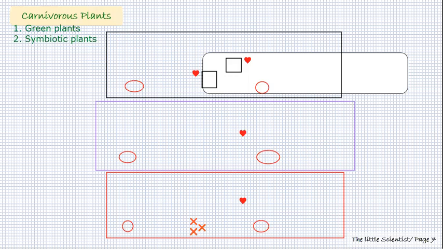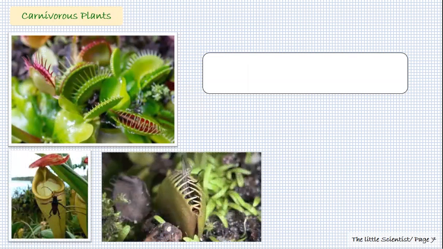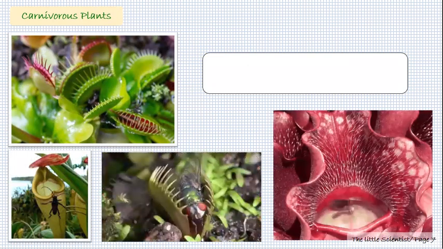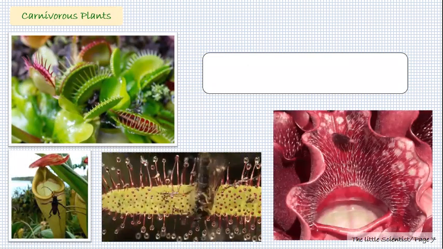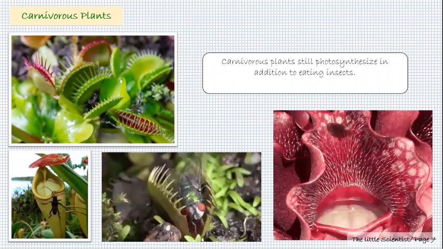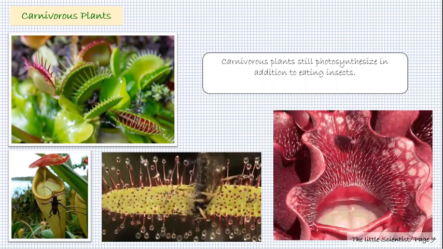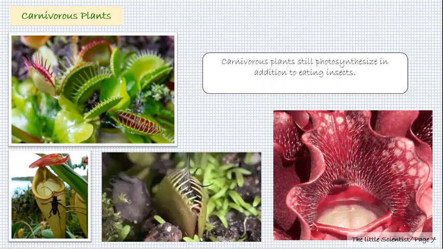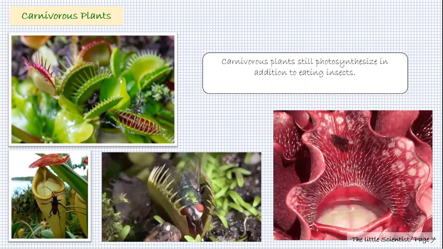We're talking about carnivorous plants. We call them carnivorous plants because they feed on small animals such as insects. Carnivorous plants can go through the food making process. They can cook their own food. They can produce their own food.